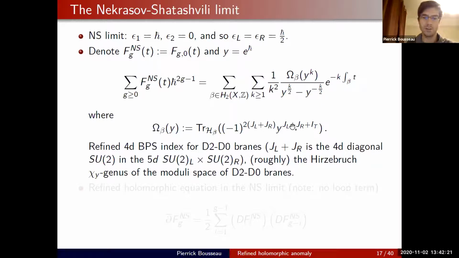So what remains is just a count of D2-D0 branes in 4D with spin. This Omega_beta(y) is really some kind of refined BPS index which encodes your D2-D0 4D BPS spectrum with the information about the spin, which is in the variable y.